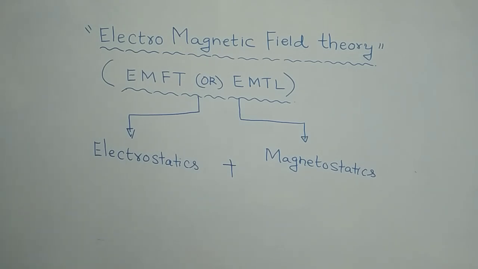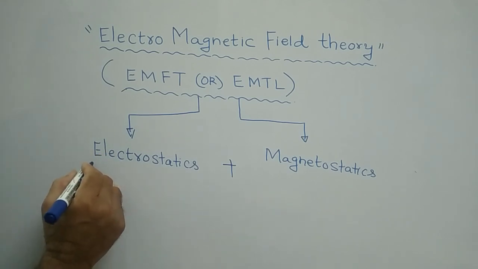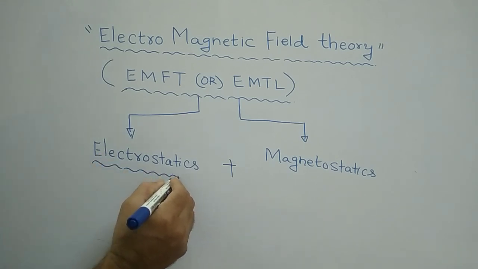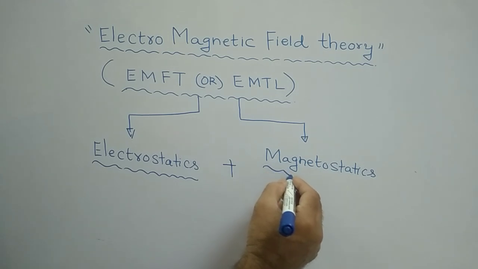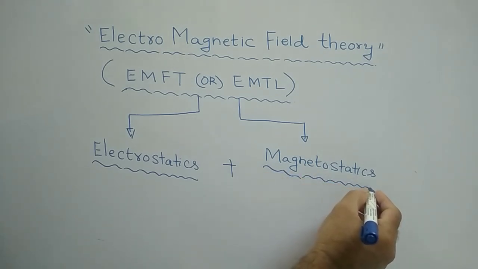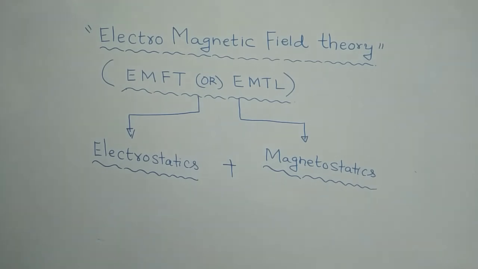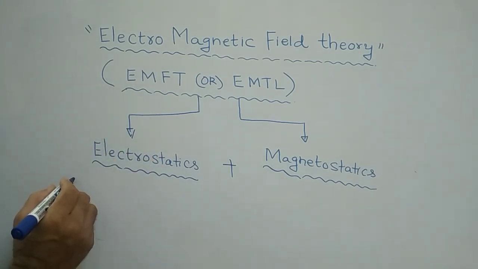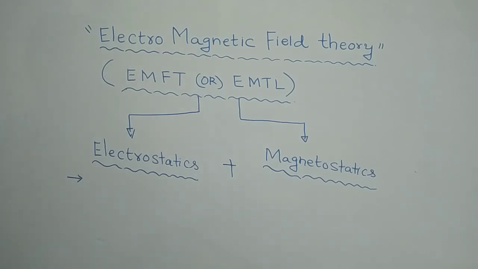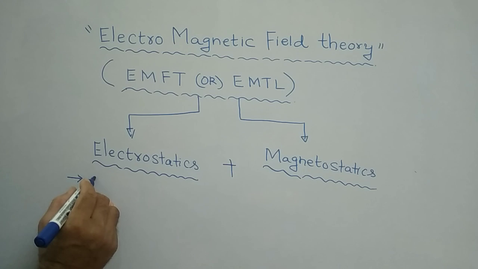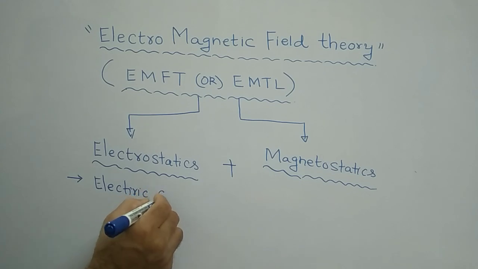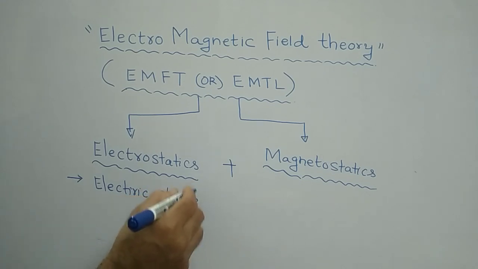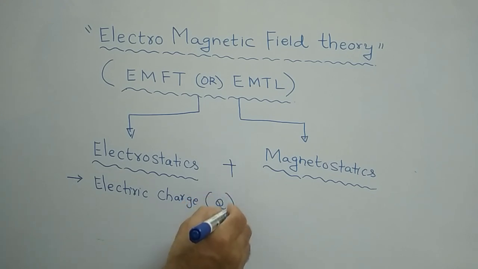Very nice. Now let us see what are the basic important things that we normally see under electrostatics, and similarly what are the various parameters under magnetostatics, right? In electrostatics, the basic source is the electric charge.